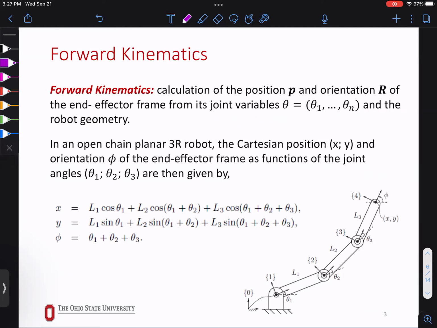But if it is more complicated, if these joints are not rotating in the same direction, because all these joints are rotating about z, all in the same direction, they're parallel. That's the simplest case. If you add 10 more rotations, it's easy, you just have more sines and cosines.